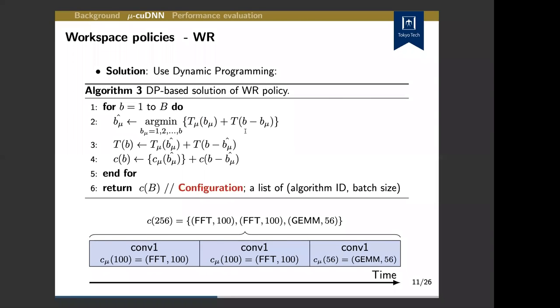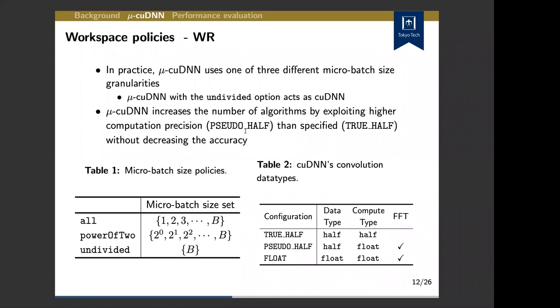So limiting the choices to power of 2 microbatch sizes drastically reduces the overhead. So I define 3 different microbatch size policies: all, power of 2, and undivided. Undivided is only used for debugging purposes, and I will show the difference between them later.